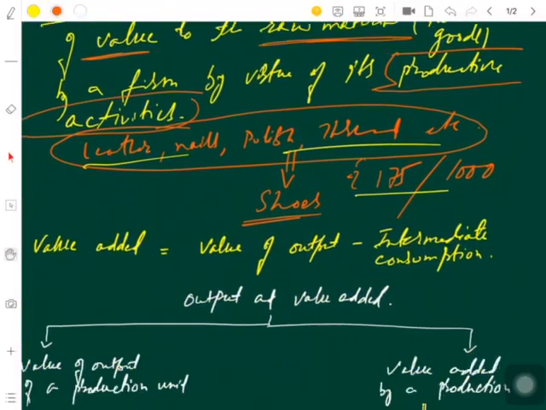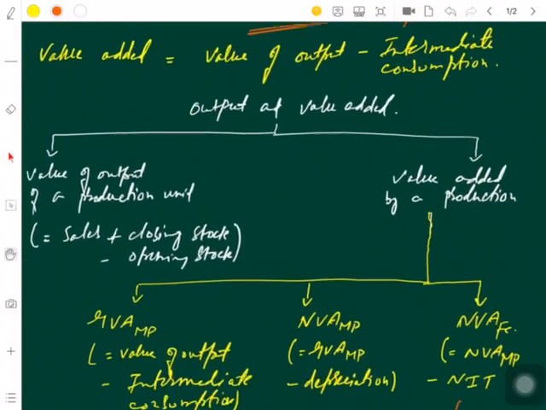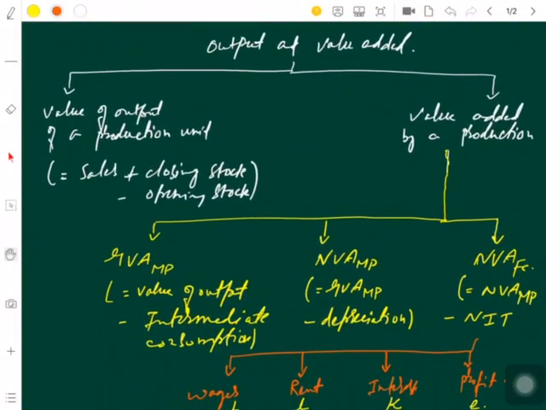What I said earlier is the change in stock. The change in stock is equal to closing stock minus opening stock. Sales plus change in stock, or closing stock minus opening stock, will be equal to value of output, which will in turn be value added by a production unit.